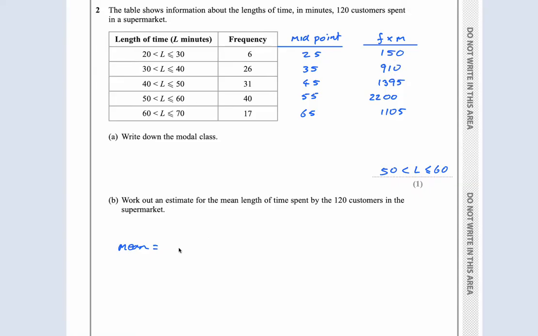Now all I have to do is add these up, so the mean is equal to the sum of all these, which is 150 plus 910 plus 1395 plus 2200 plus 1105, all divided by the total frequency, which is 120, because there's 120 people. It gives us that at the start, and this will give me the mean.